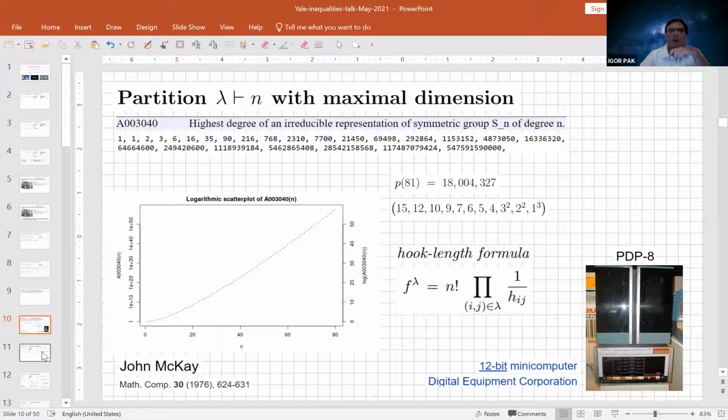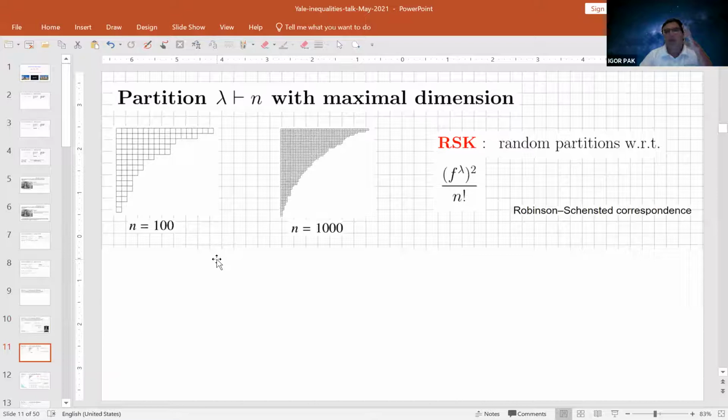Okay. When you look at a random partition, there is actually a way to sample a random partition according to this distribution, the squared dimension divided by n factorial. This is what we've seen in the Burnside formula. The way you do it, there is something called the Robinson-Schensted correspondence, which allows you to plug in a permutation and get the shape of a partition corresponding to that permutation.